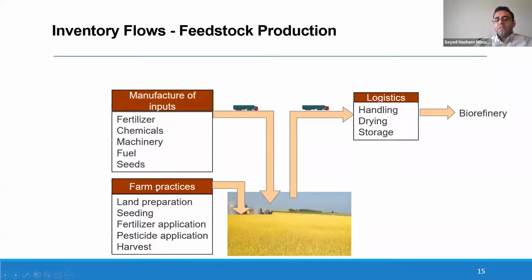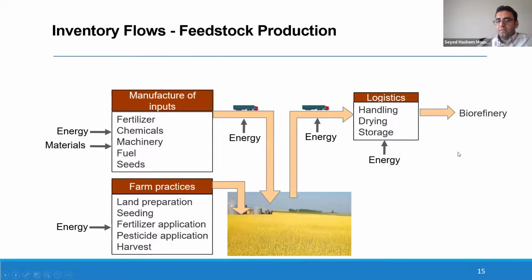At the field, we have some practices, for example, land preparation, seeding, fertilizer or pesticide application, and harvest. Here we are using fuel, and there are some emissions from combustion of diesel fuel, for example, or from fertilizer application in the field. Then there are some logistic operations, for example, handling, drying, and storage, and then it can go to the biorefinery.